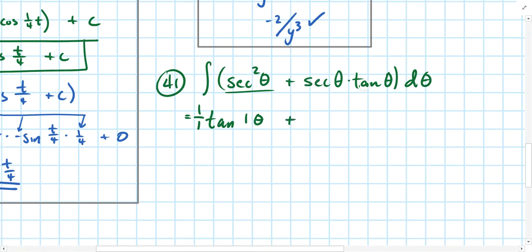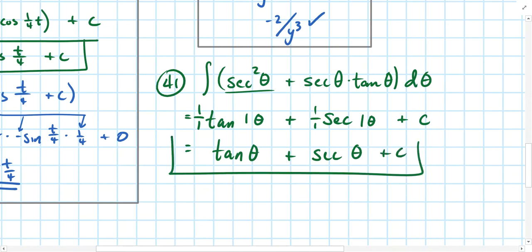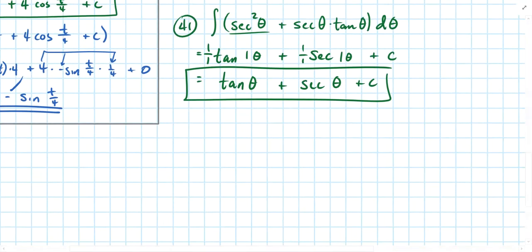Similarly, the antiderivative of secant times tangent is simply secant of our angle measure. Again, we can think of the a value as 1, so we can say 1 over 1 in each of these cases. Sorry, on the interior here, that's just a times theta, so 1 times theta. But clearly, 1 divided by 1 is 1. 1 times theta is theta, so I like tangent theta plus secant theta plus c as our antiderivative.